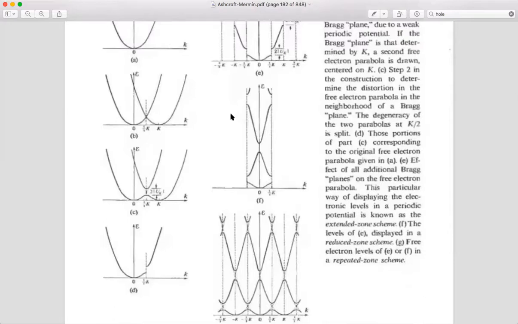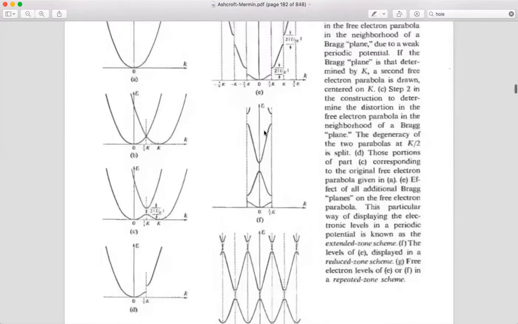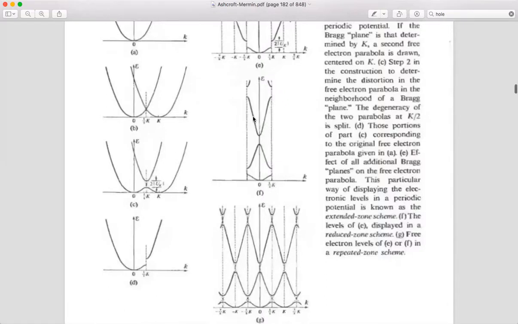But then, when everything is plotted, everything is drawn within the first Brillouin zone, this picture is called the reduced zone scheme. I can repeat all these branches in all the Brillouin zones. We'll come to the concept of higher Brillouin zones shortly.